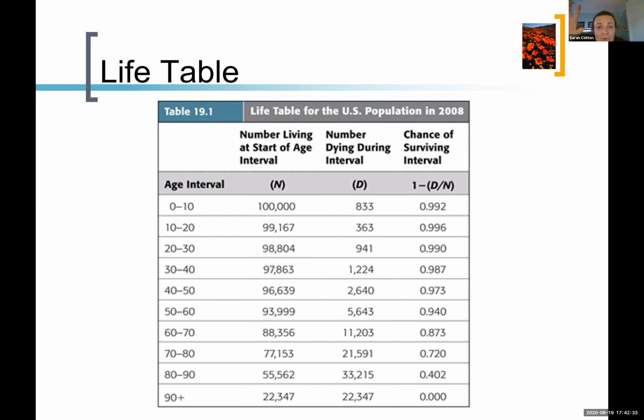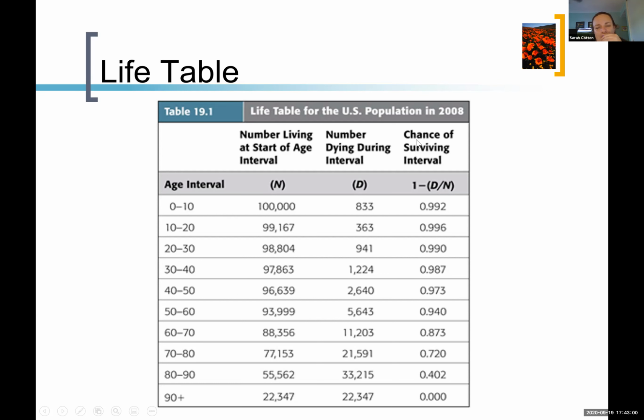And a life table is a way of quantifying exactly what the chance is of surviving a certain age. This is for the US population, and this is kind of old data, from 2008, but it doesn't matter, it hasn't changed that much. The idea in the life table is that children from the age of 0 to 10 have a 0.992.